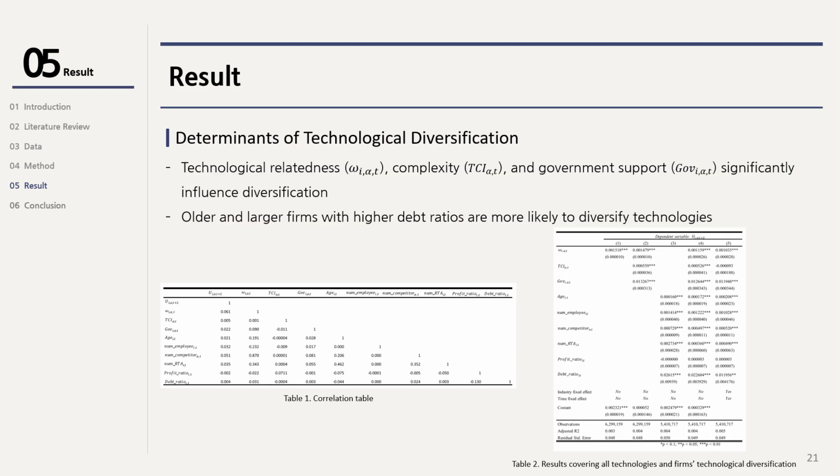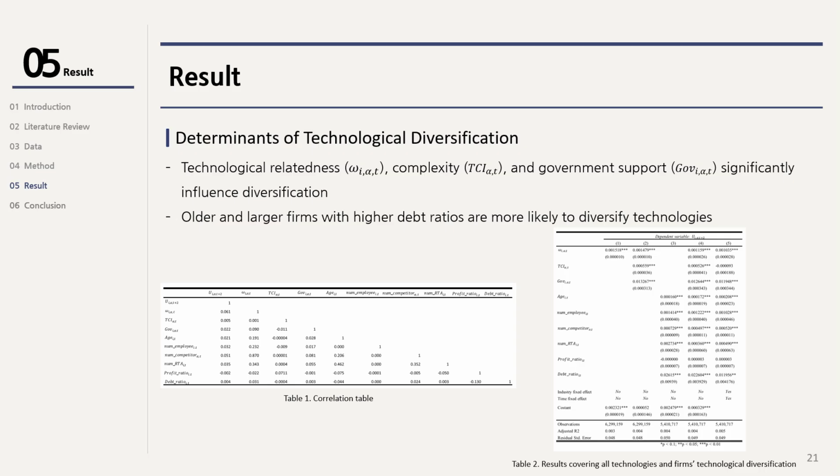Government support is positively correlated, reflecting its effectiveness in encouraging firms to diversify into new technology. Firm-specific variables like age, number of employees, and debt ratio also show significant correlations, emphasizing their influence on diversification capacity.